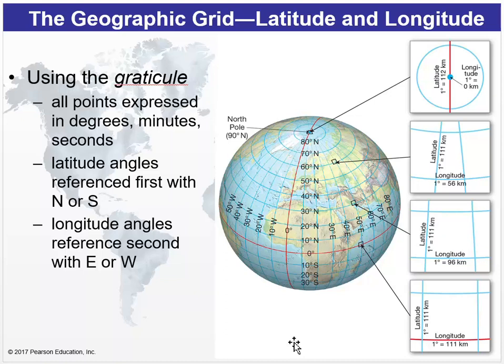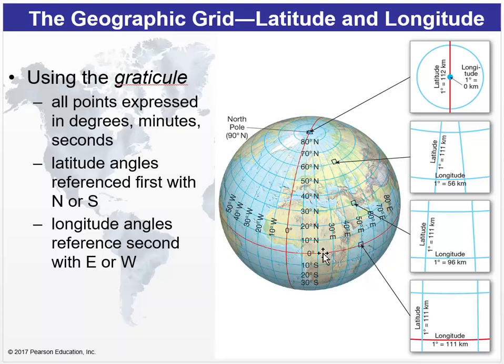And so we have to use lines of latitude and lines of longitude in order to find exact locations on the globe. And that entire system, this geographic grid, that is what we refer to as the reticule. So all points are expressed in degrees, minutes, and seconds, and we will come back to that. Most importantly, though, these lines of latitude are going to be references to angles from the most important line of latitude, being the equator.